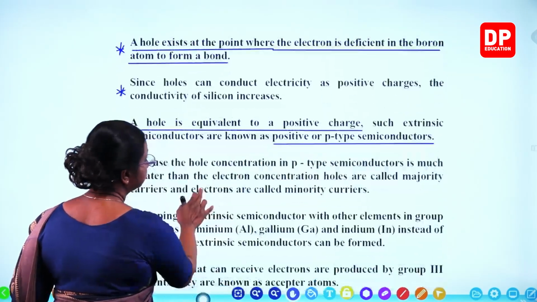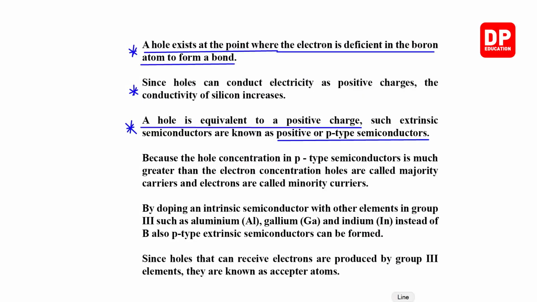Then, because the hole concentration in P-type semiconductors is much greater than the electron concentration, holes are called majority carriers and electrons are called minority carriers.